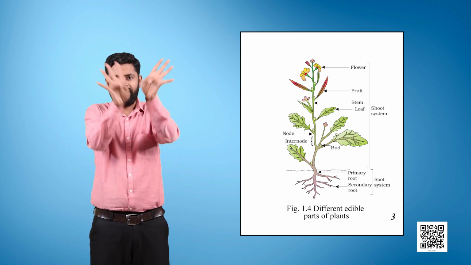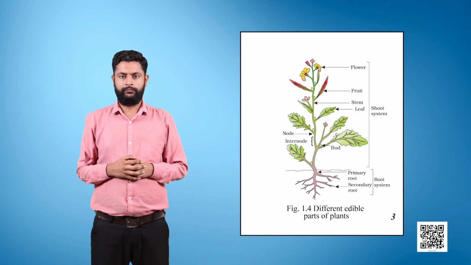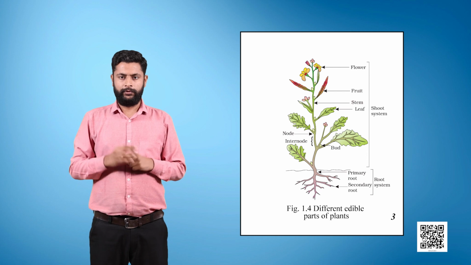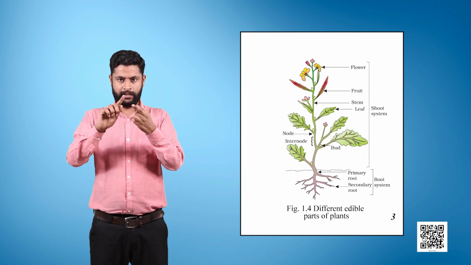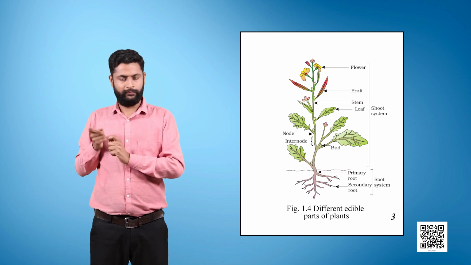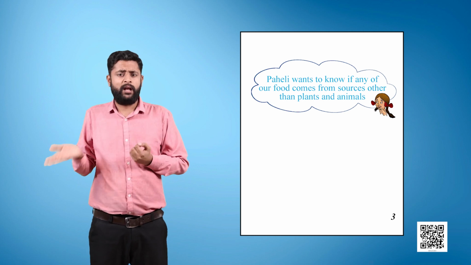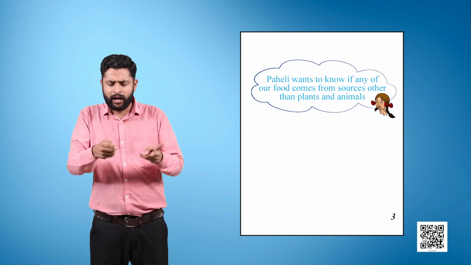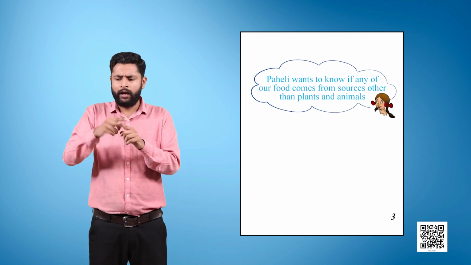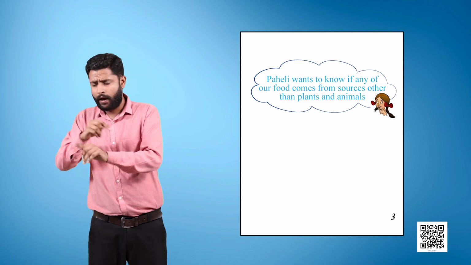Shoot system is subdivided as bud, node, leaf, stem, fruit, and flower. Here is a picture of Paheli. She wants to know if any of our food comes from sources other than plants and animals.